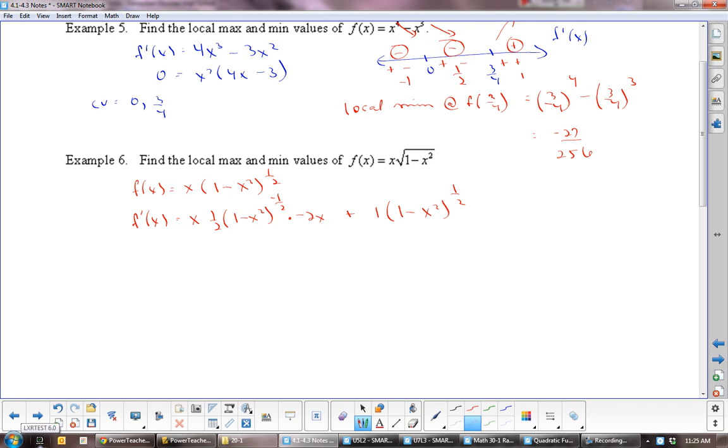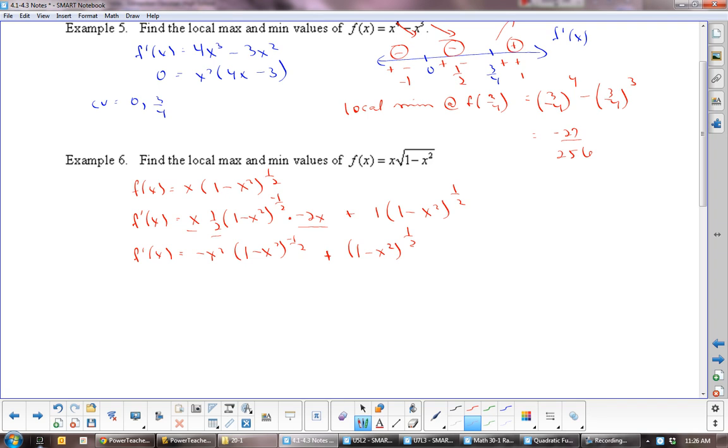Okay. So let's just tidy things up before we do any factoring here, because I've got this x, a half, and -2x. So that's -x squared times 1 minus x squared to the -1/2 plus 1 minus x squared to the 1/2. Now we've got to get this so everything is multiplying to each other. This plus sign makes it much harder to find your critical values, so we're going to take out a common factor.